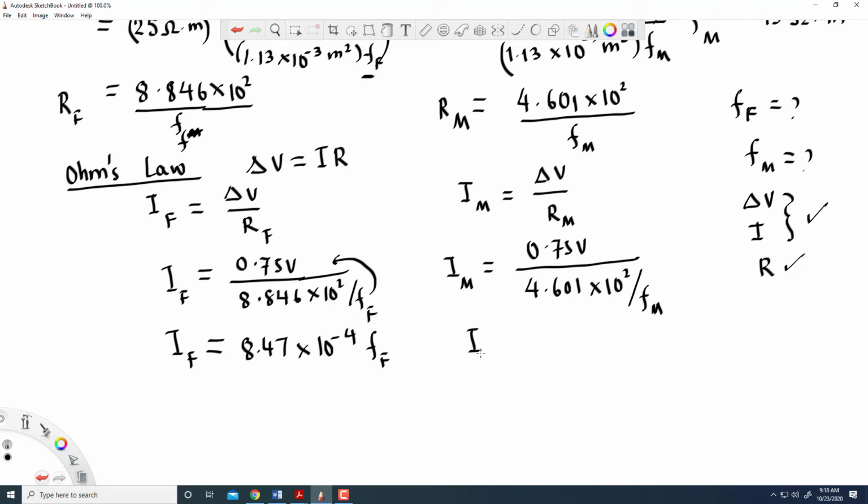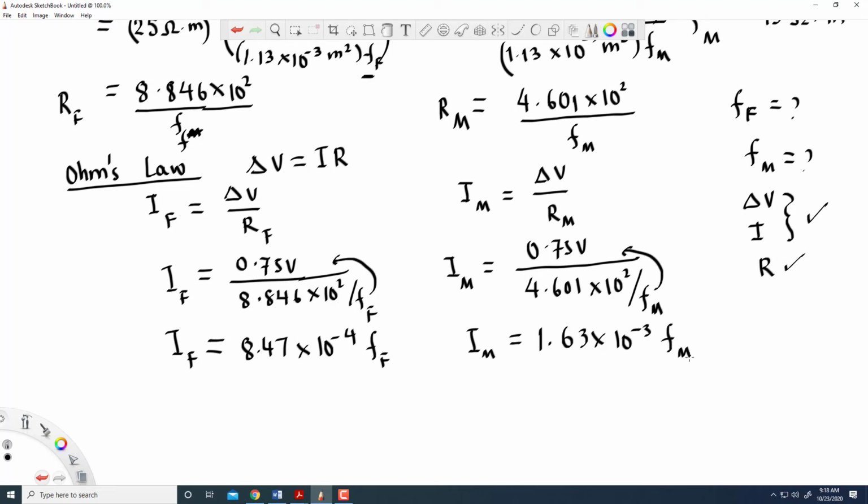Likewise Im, so 0.75 divided by 4.601 times 10 to 2. So that gives me 1.63 times 10 to negative 3, and this one goes on the top, so f sub m.